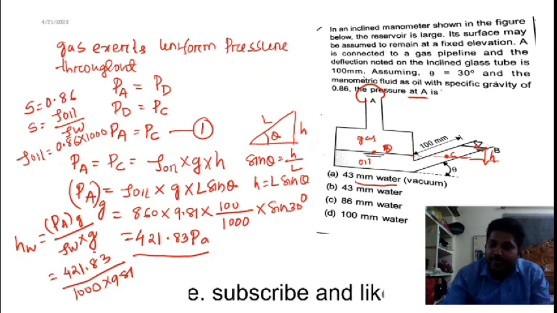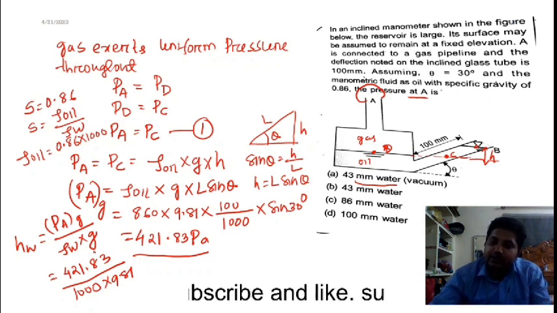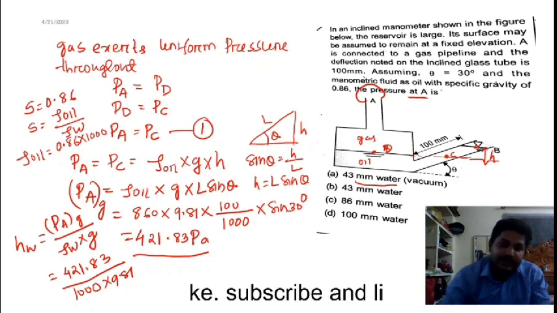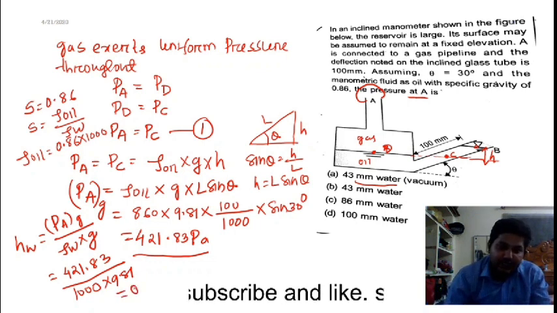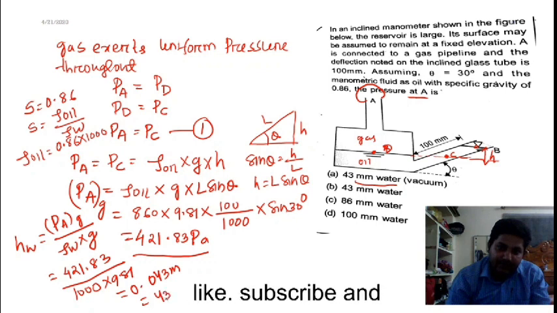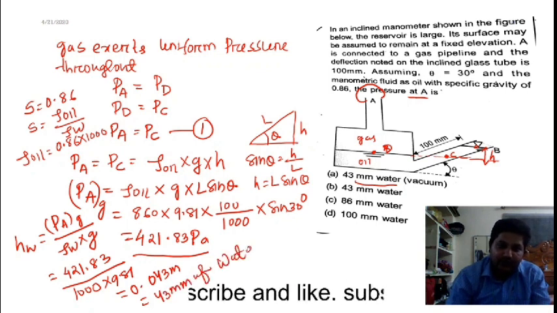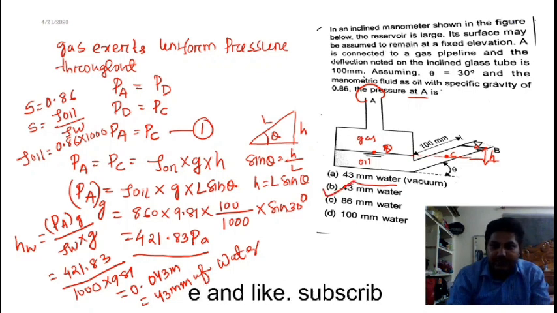So now if you do this, let me calculate first what value you are getting, and this is coming out to be 0.043 meter. So if you convert this into mm, this is coming out to 43 mm of water. 43 mm. This is the correct 43 mm of water.